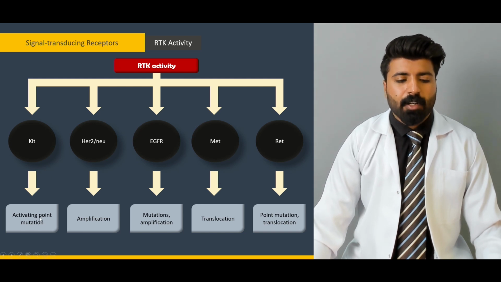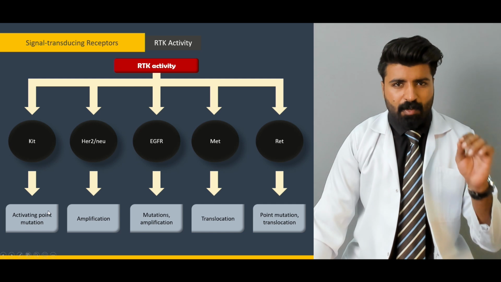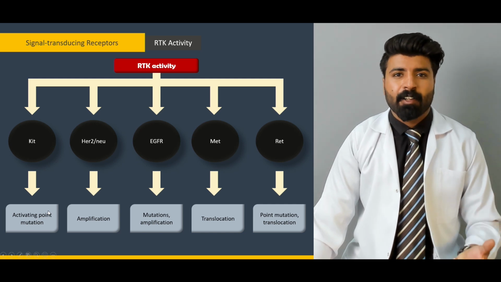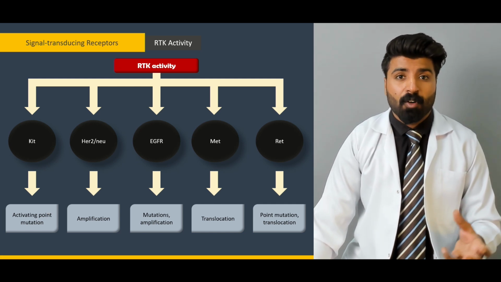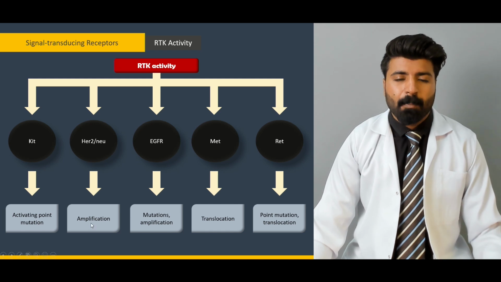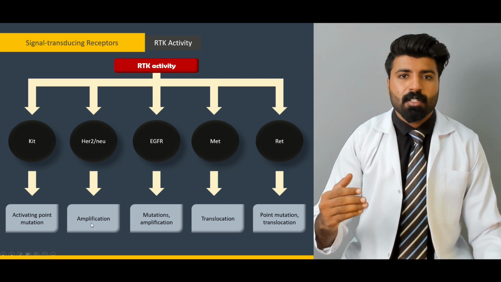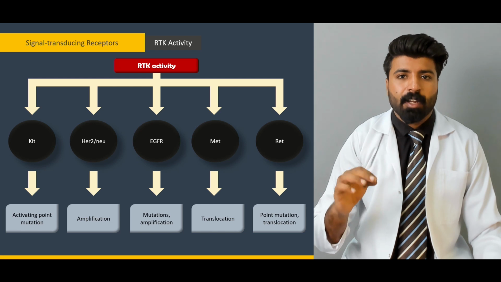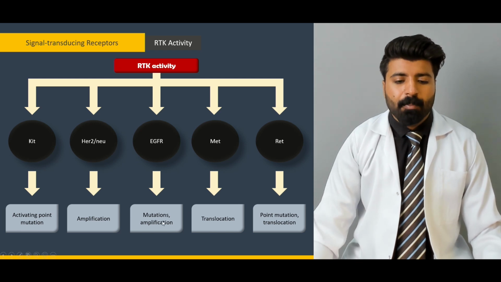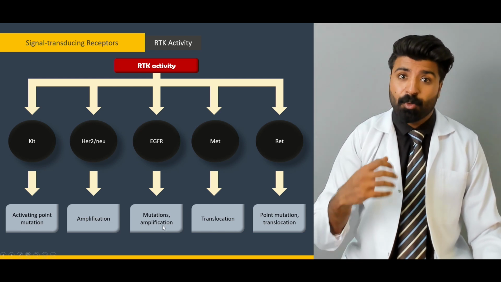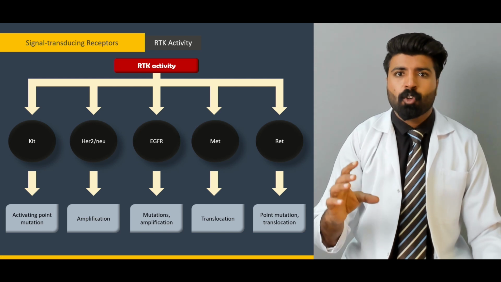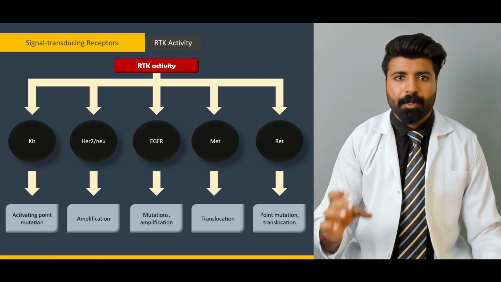So in these KIT receptors, point mutations will be activated. Those mutations which happen at a specific point will be activated. Whether they were functioning before or not, now they're activated. In amplification, more and more copies of that area will be produced. In mutations and amplification, it's being mutated and multiple copies of it are being produced.